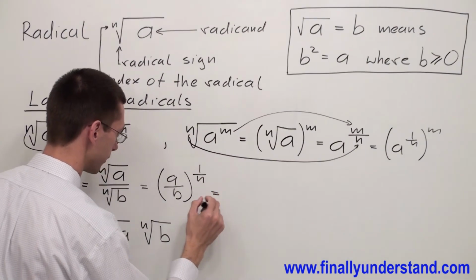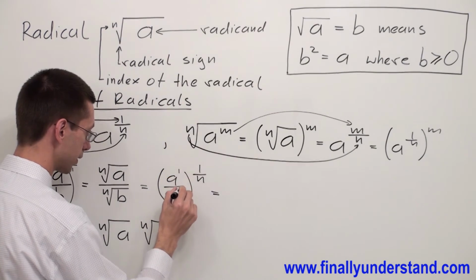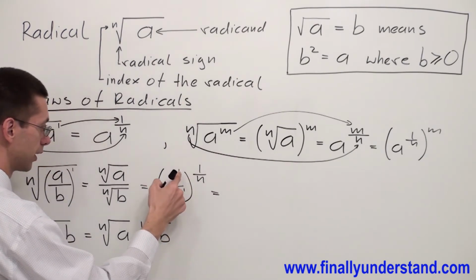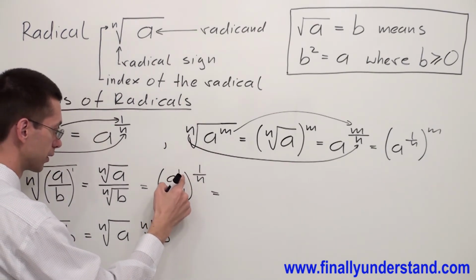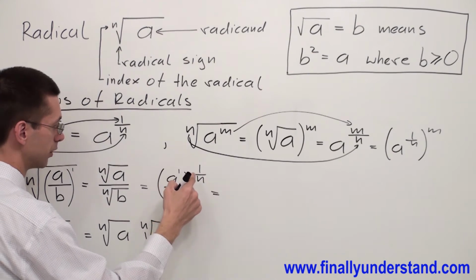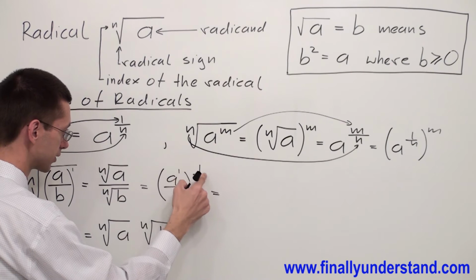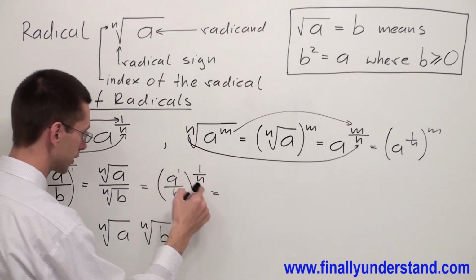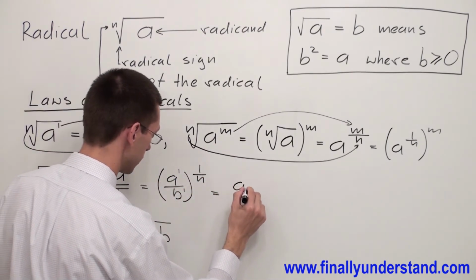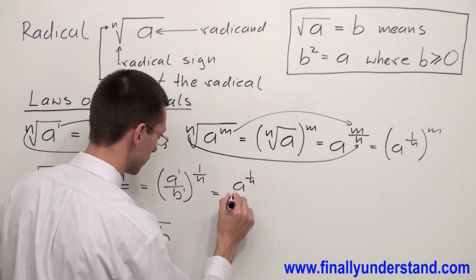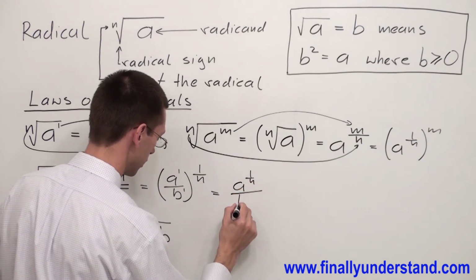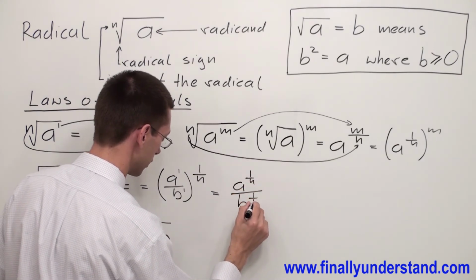I can say that anytime I do not have an exponent, there is always an invisible 1. Remember, we said that anytime we have an external exponent and internal exponents, we have to multiply the external exponent by the internal exponent. So I'm going to have a to the 1 over n, and b to the 1 over n.